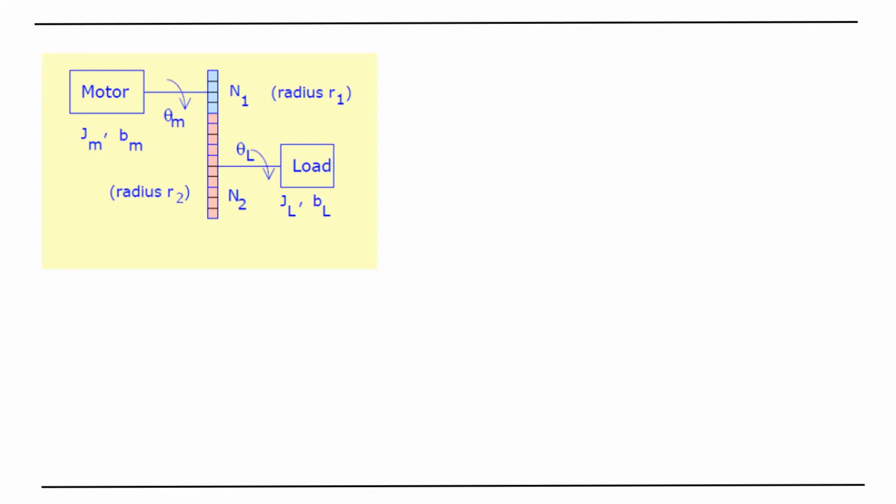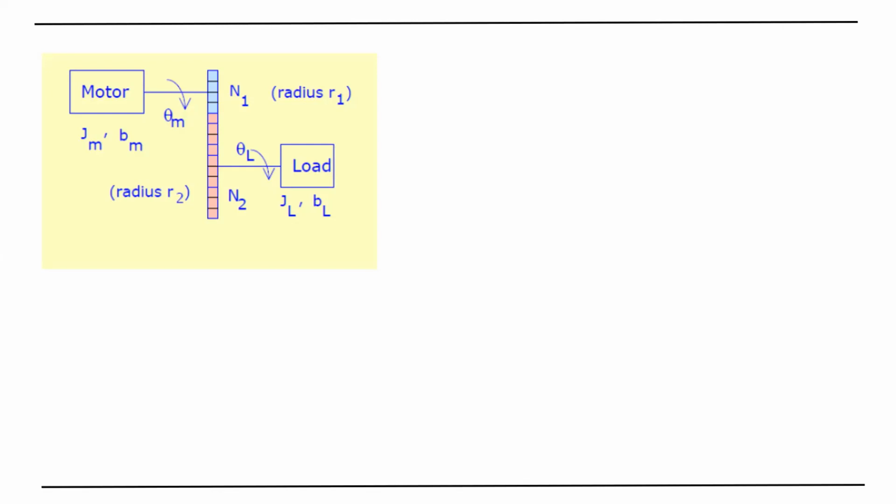By the way, you can connect the motor to the load either with a gear or without a gear. But suppose I'm doing it through a gear, what will be the effect? First of all, in the transformer you have the number of turns in the coil.